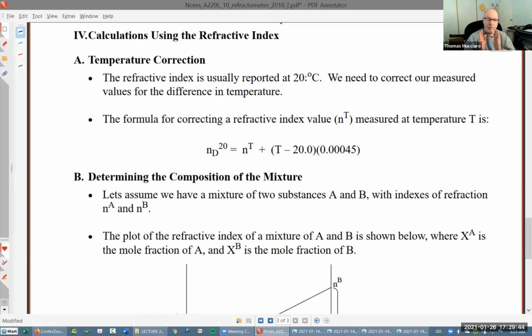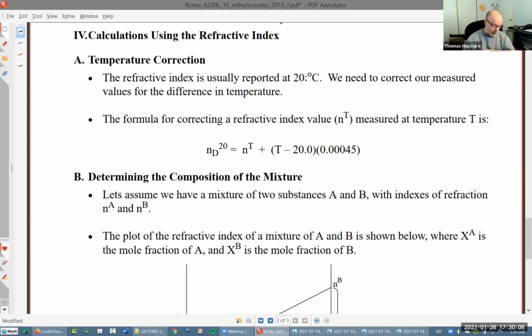Now, the problem with that is that if we go look up refractive indexes in a reference book, very often the people in the laboratory couldn't get it at exactly 20 degrees. And rather than doing anything, they reported their exact data and they give a temperature.